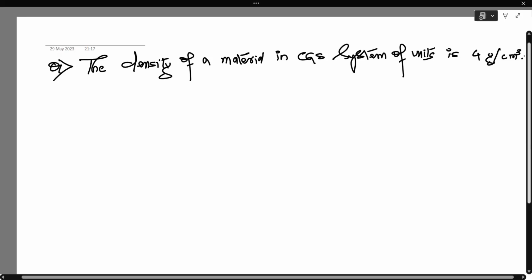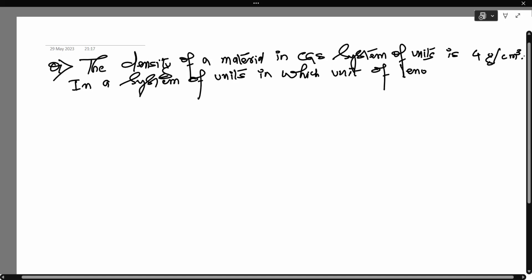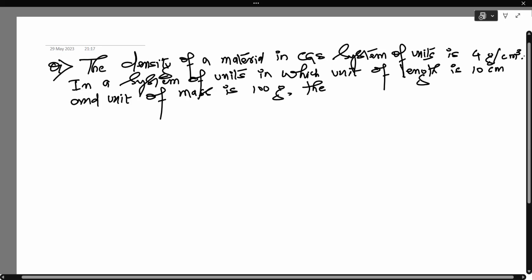The question is: in a system of units in which the unit of length is 10 centimeter and the unit of mass is 100 gram, what will be the value of density of this material?